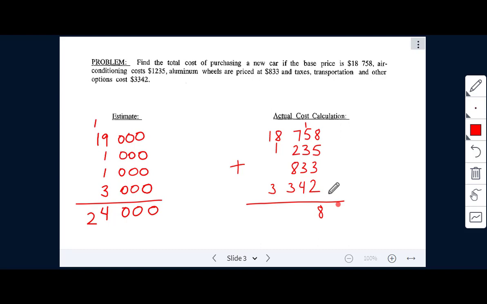The 1 goes up. 4 plus 3 is 7, plus 3 is 10, plus 5 is 15, plus 1 is 16. 7 plus 2 is 9, plus 1 is 10, plus 8 is 18, and then 21. 2 plus 8 is 10, 11, and then 14. And 1 plus 1 is 2. All right, so we get 24,168 as the actual cost.